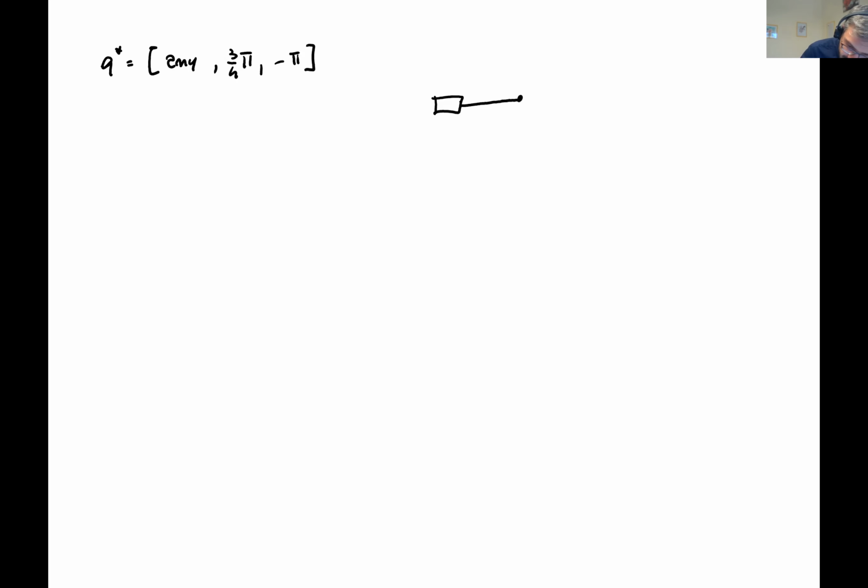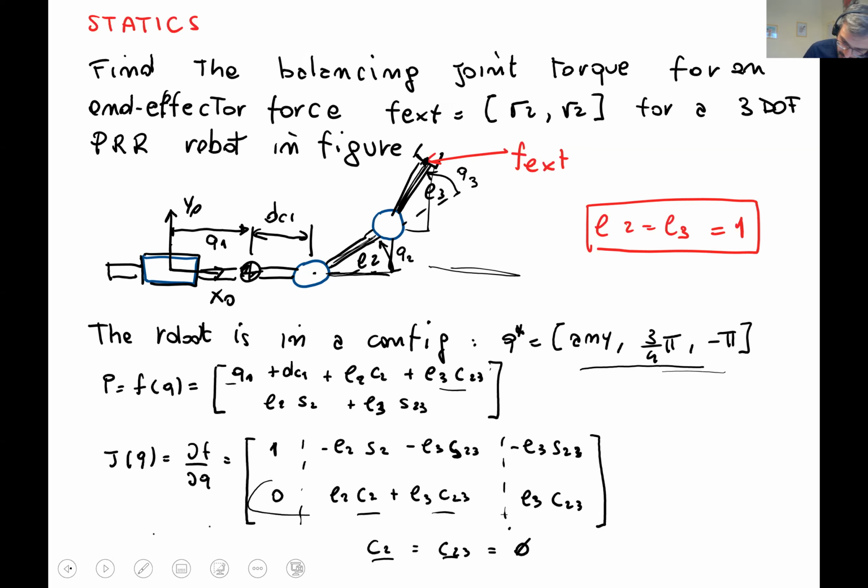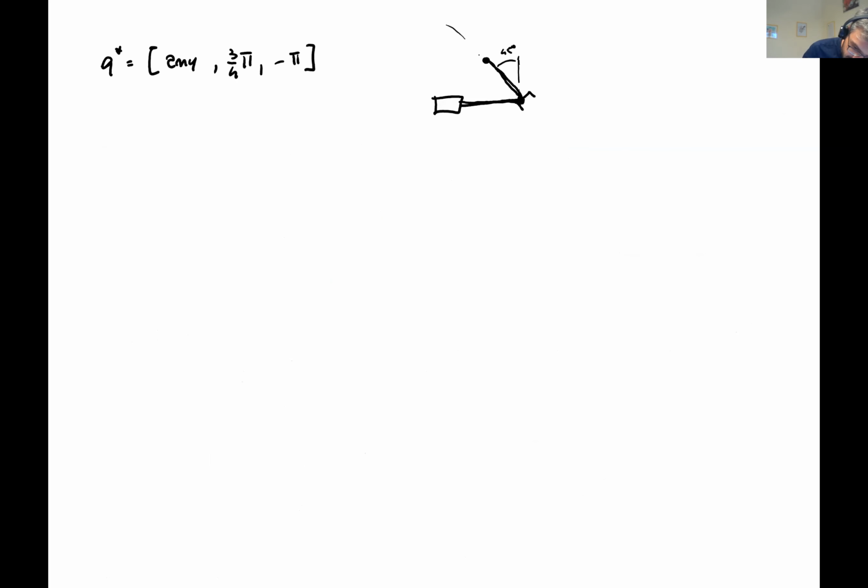3/4 pi is 135 degrees, right? So it's a little bit beyond 90, this is 45 degrees. And minus pi is, if this is 0, completely folded. Note that, sorry, I didn't say, L2 and L3 have unitary length. So then the end effector is exactly at this point.